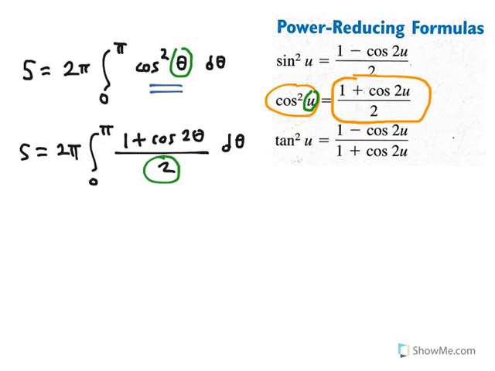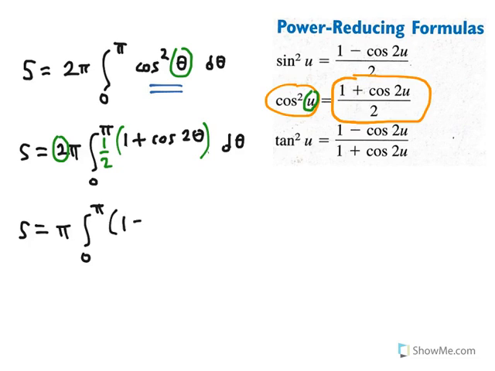Now what you have here is a factor of 2 in the denominator, which of course you can see as 1/2 times 1 plus cosine of 2 theta, and you can factor out that 1/2, and when you factor out that 1/2, 2 times 1/2 is 1, and that will give you pi times the definite integral from 0 to pi of 1 plus cosine of 2 theta d theta.